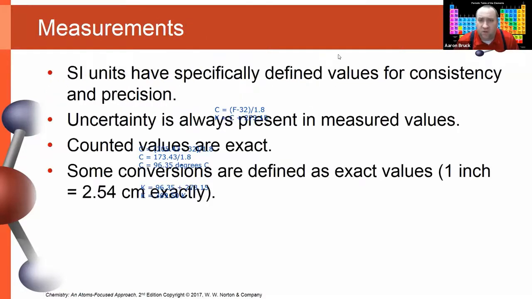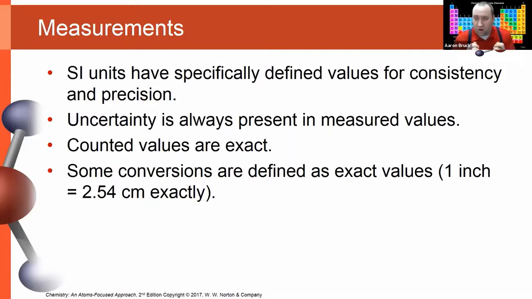Let's move on, though, and talk about measurement. Now, when it comes to measurement, every unit system out there has certain defined values associated with them. The SI system is no different. There are specific things that make up the definition for what a meter is, what a second is, what you name it.